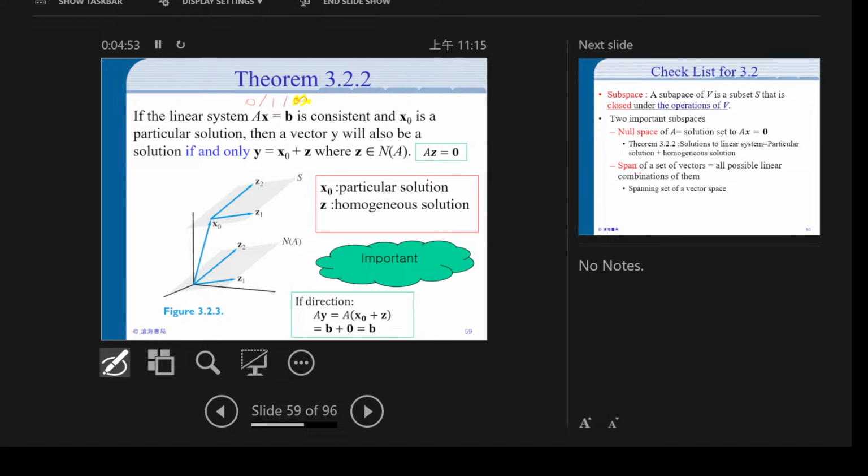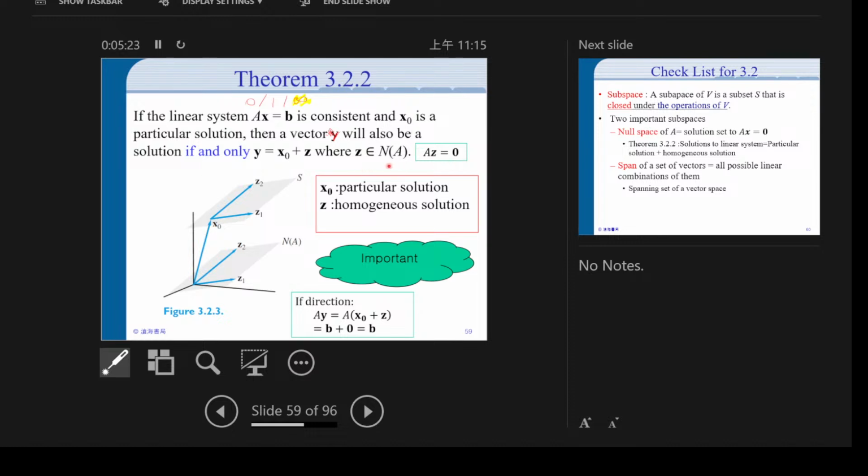Any vector y will be a solution if and only if it can be written as y equal to x0 plus z. And what's z? z is something funny. z is not a solution to Ax equal to b. z is actually a solution to Az equal to 0. So z is in the null space of A.